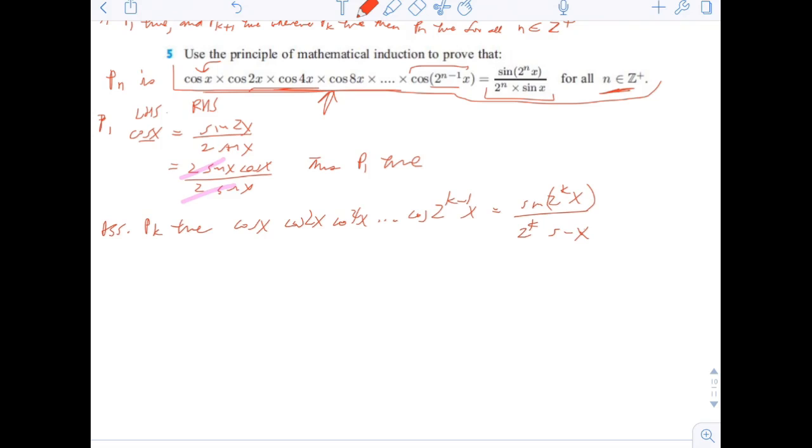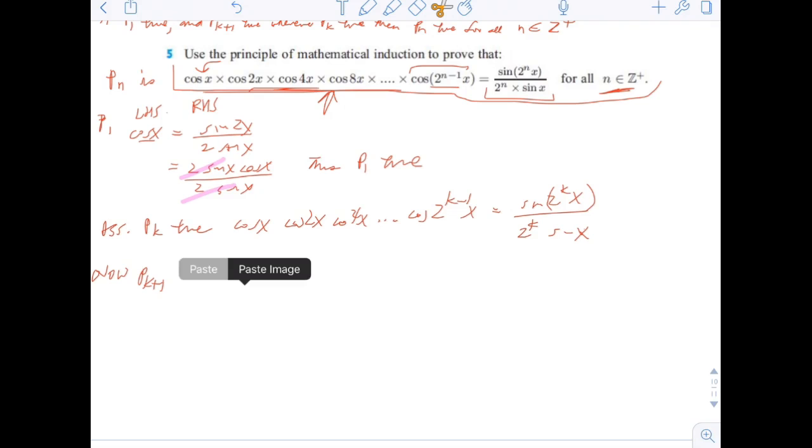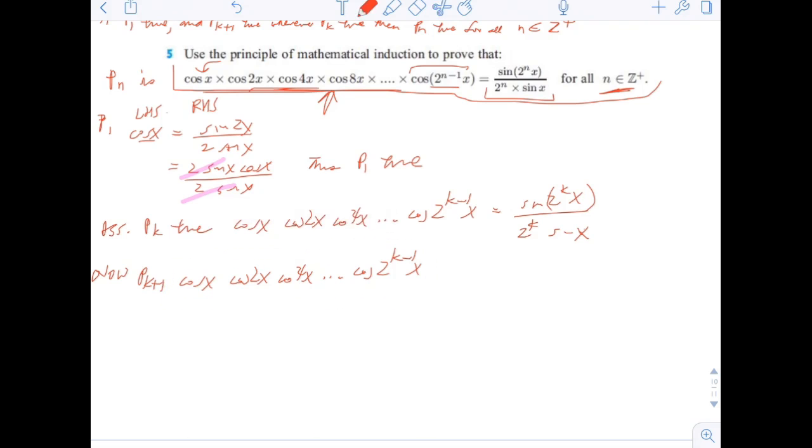So we assume that's true, and so we can use that in our future calculations. The next step is to say now Pk+1, which is the cosine of x times, oh, actually, let's just recopy this. We're going to see if we can show that Pk+1 is true, only using the fact that Pk is true. So we put that, and then we also put the k+1th case, which would add one more term to this, which would be cosine of 2^k x.